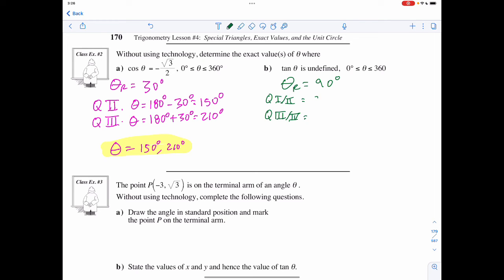This one occurs at 90 degrees. This one occurs at 270 degrees, or straight up and straight down. My angle then could either be 90 degrees or 270 degrees.